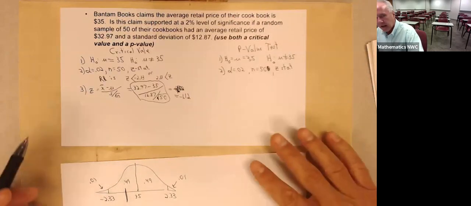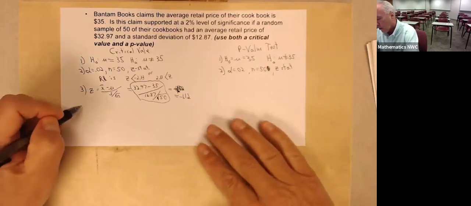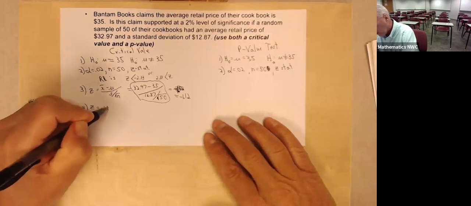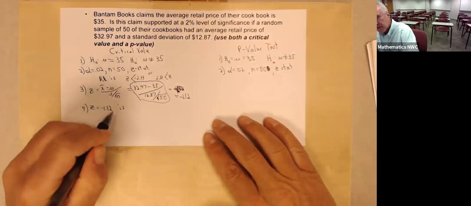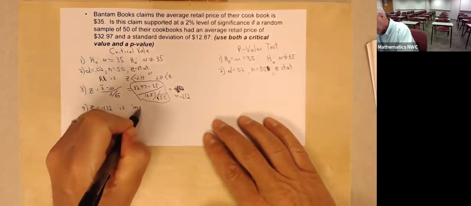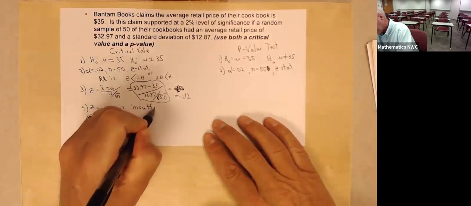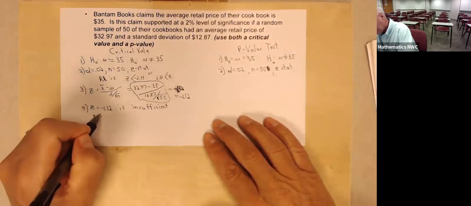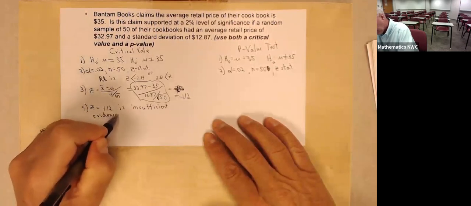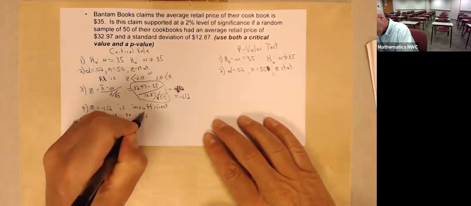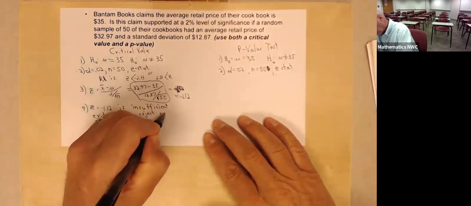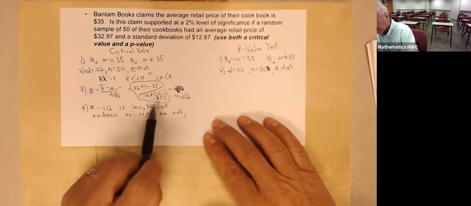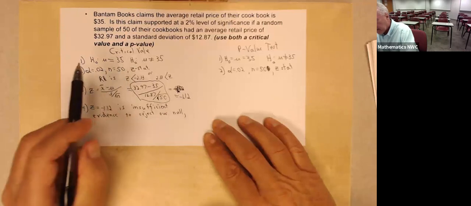So that's what I'm going to write here in step number 4. Z equal to a negative 1.12 is insufficient evidence to reject our null. What we mean by that is it's insufficient evidence to reject the mean is 35.